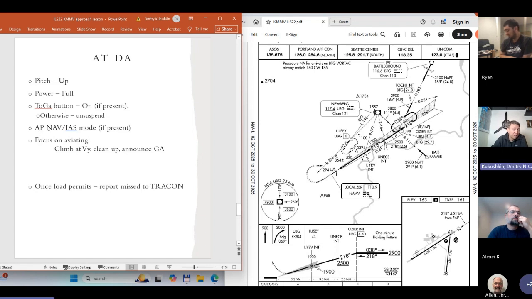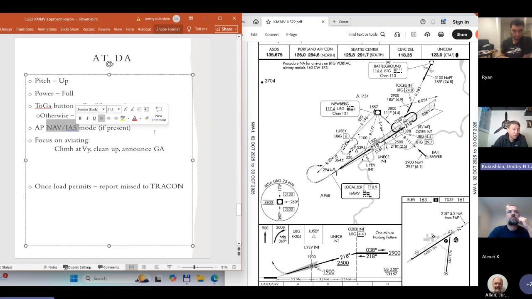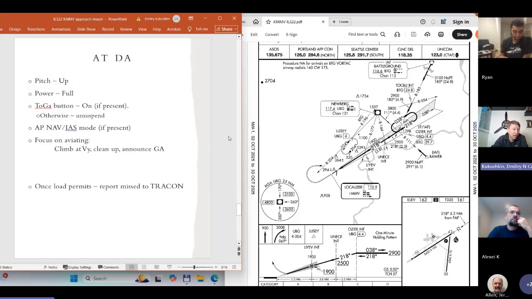Autopilot, if present, you want that to give your guidance, so you put it in lateral navigation mode and vertical indicated airspeed mode. And very important, aviate, navigate, communicate. You pitch for that VY climb, clean up, announce GA.